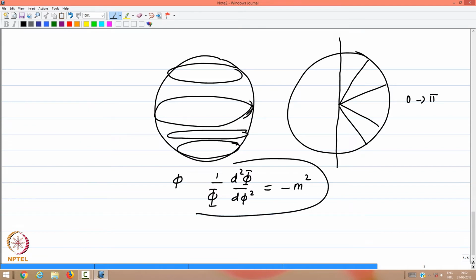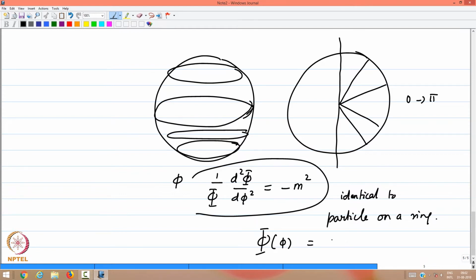This form is very similar or identical to that of the particle on a ring, and with the same conditions, the boundary condition or the cyclic boundary condition, namely phi of phi is equal to phi of phi plus 2 n pi, where n is 0, plus minus 1, plus minus 2, and so on.